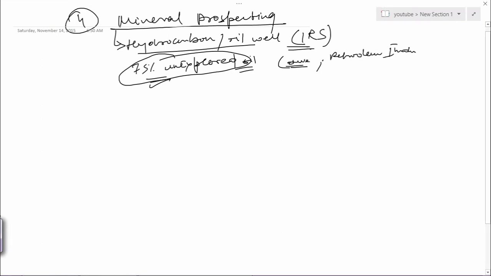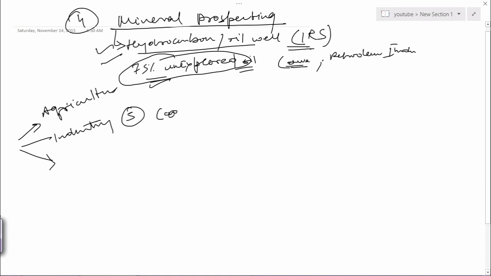So we just saw that it helped the agriculture sector. Now it is also helping the industry in terms of mineral prospecting. Industry also needs water and other things, so it's all related to what IRS, the remote sensing satellite, does. Fifth is we can do coastal studies, fisheries, and you can also study climate change.